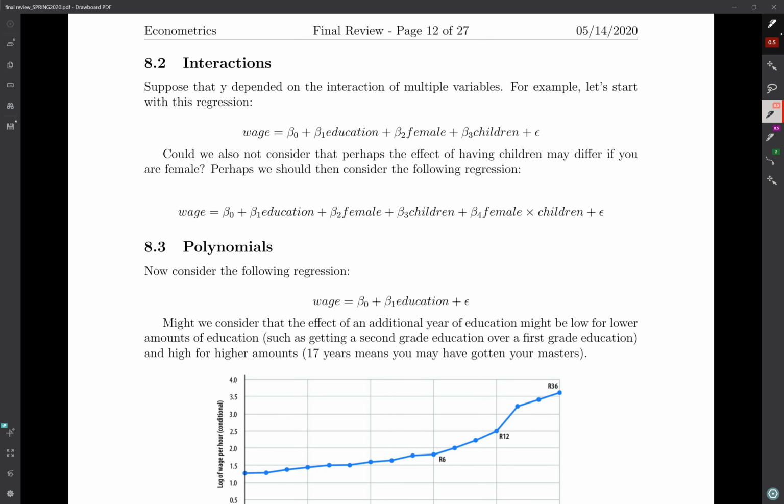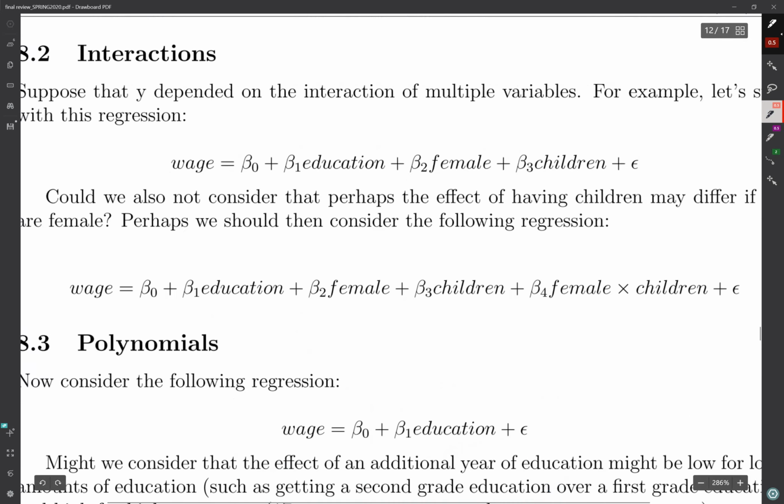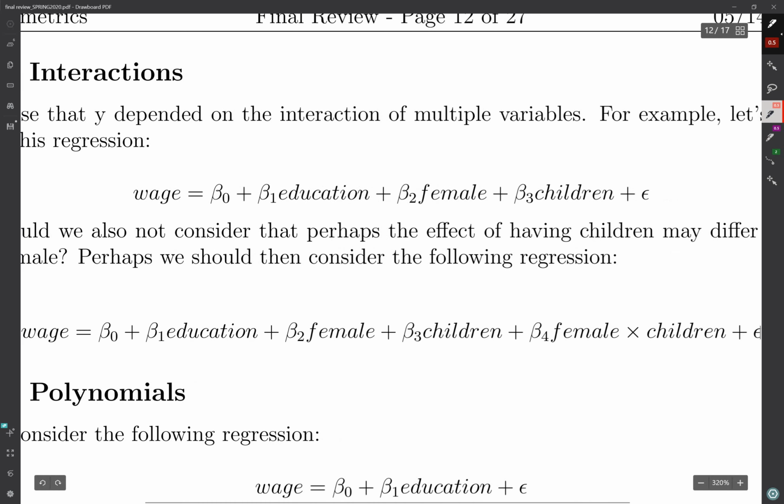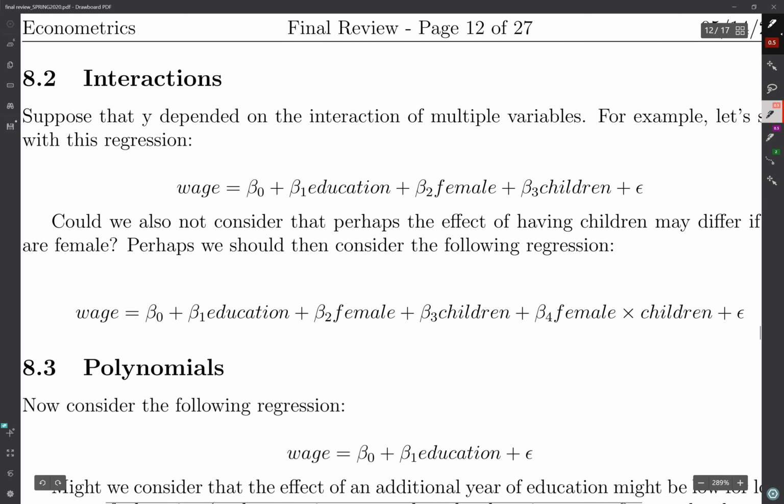Now let's think about interactions. Interactions are another type of nonlinear thing that we might see show up. So, for example, again, if we're looking at wages and education and whether or not you're female, this is kind of what we saw before, but now we add in children. Now you might consider that women might have a different effect of having children than men.